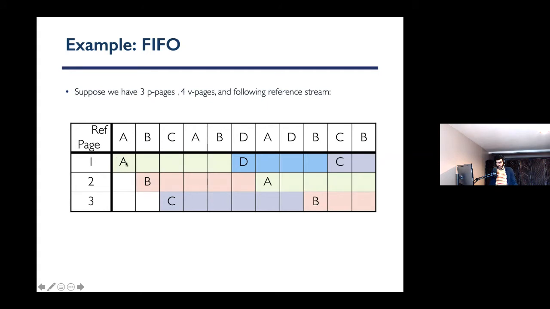So at this point, we bring A because A was accessed. Then B was accessed. We bring B to page 2. We bring C to page 3.